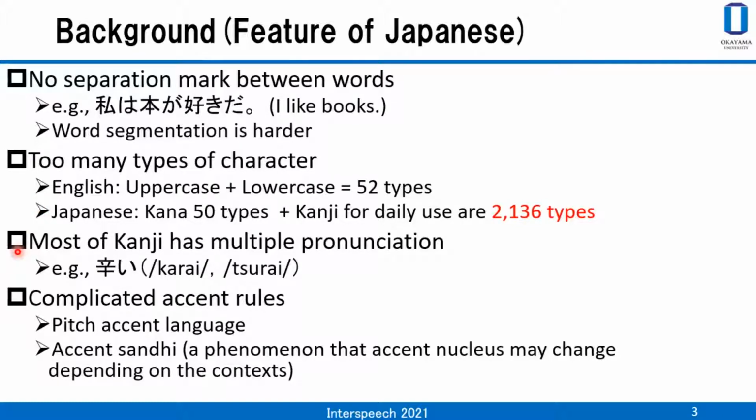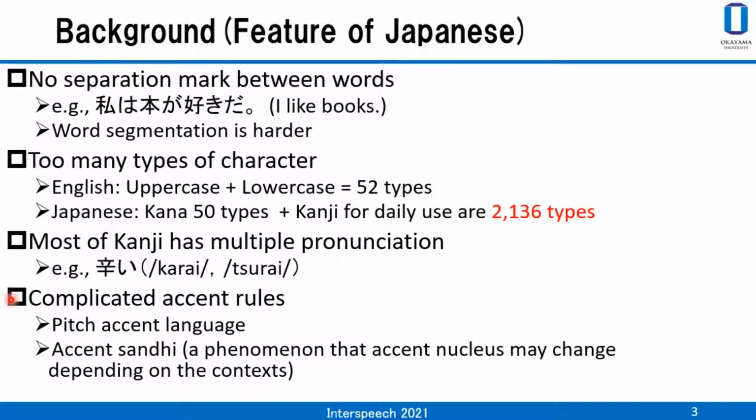Third, kanji characters have multiple corresponding pronunciations that are determined by context. For example, the pronunciations of this word are karai and tsurai. Fourth, Japanese has complicated accent rules.